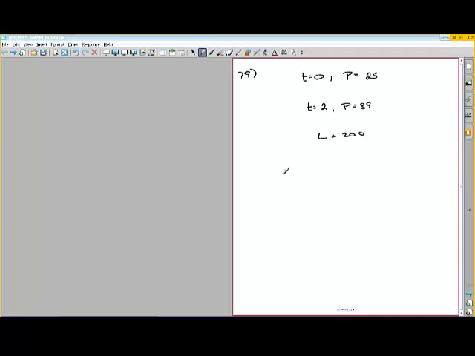So logistic growth says P is equal to L over 1 plus B e to the minus kt, and we know that L is 200. So we have two unknown constants for this particular case, B and k. We can use these two conditions to find those.